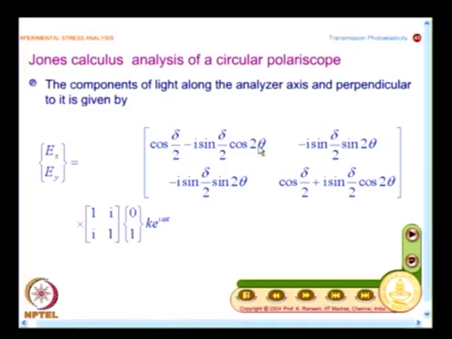Now, after the model I have the second quarter wave plate, and you will have to find out that matrix. You take a minute, it is very similar to what you have got as the first quarter wave plate. Instead of 135 degrees, you are going to put it as 45 degrees. What is the change it makes in the quarter wave plate matrix?